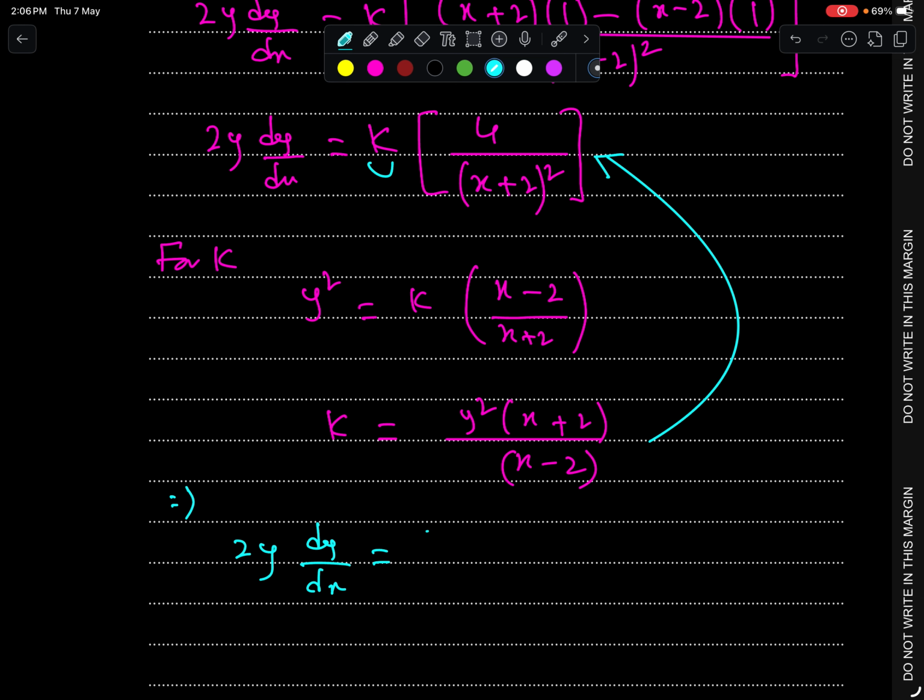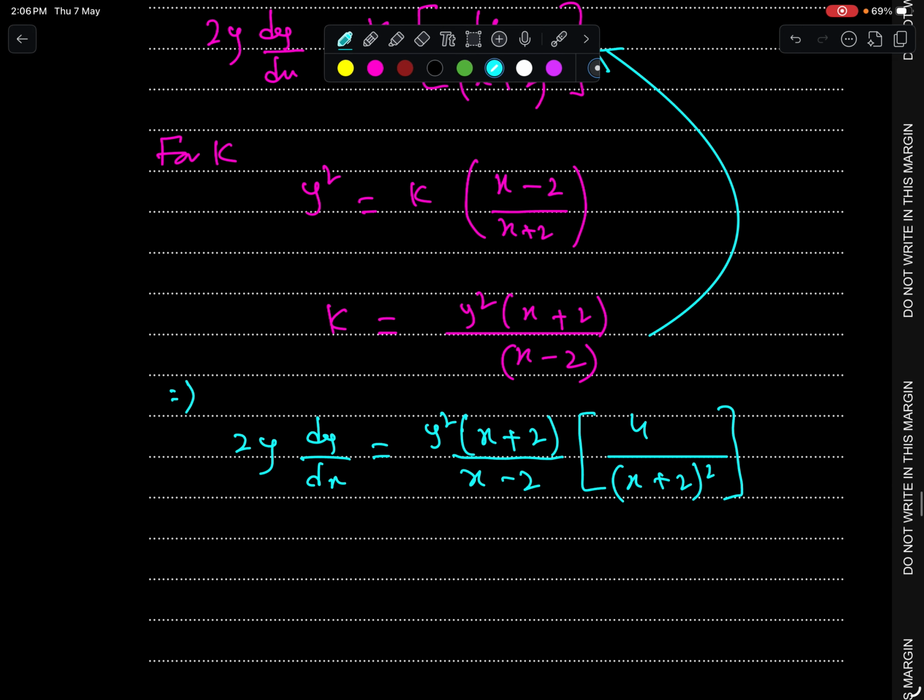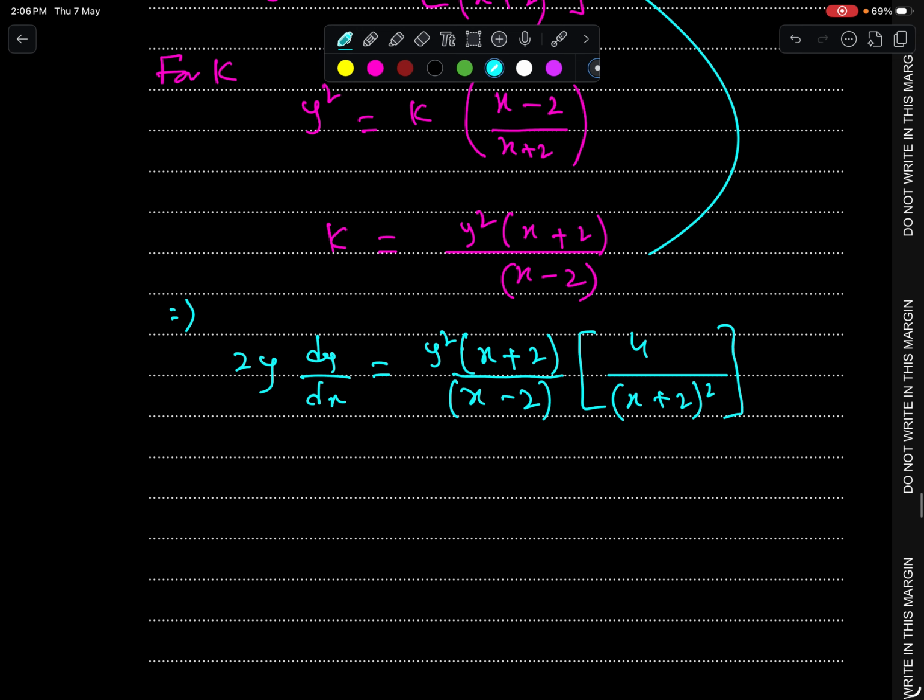Instead of k, we can write y square x plus 2 over x minus 2, copy the leftover thing, 4 upon x plus 2 square. Now cancel this x plus 2 with this 1 power. 1 power of y will be cancelled. So we have dy upon dx.